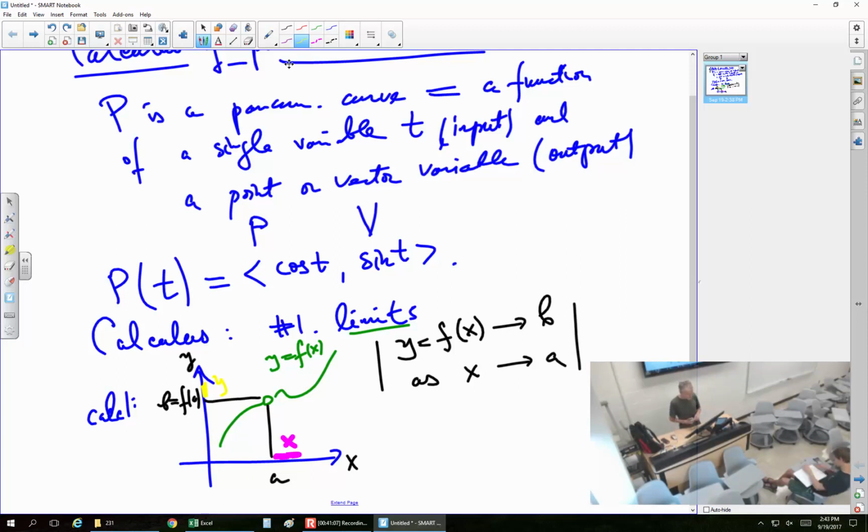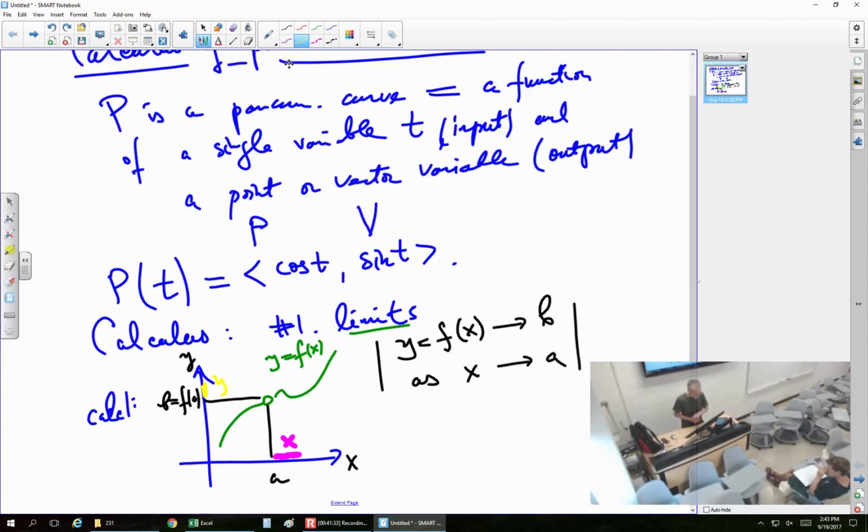Now, what is the difference? The picture would be very much similar, but the difference is that x and y are not dependent on each other anymore. So y does not depend on x, and that word "as" will disappear, because x might be approaching a number, y might be approaching a number. Does that fact have anything to do one with the other?